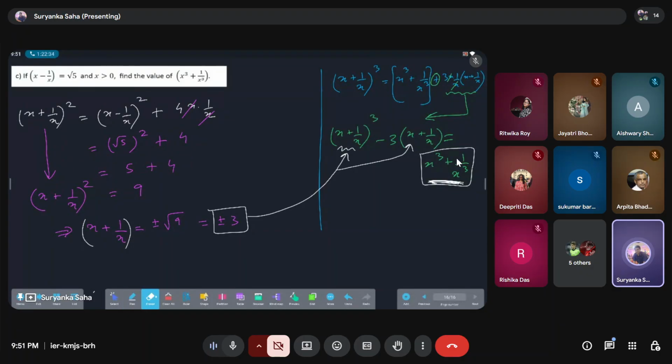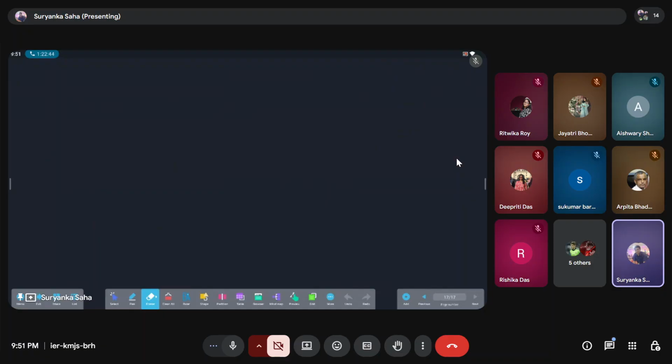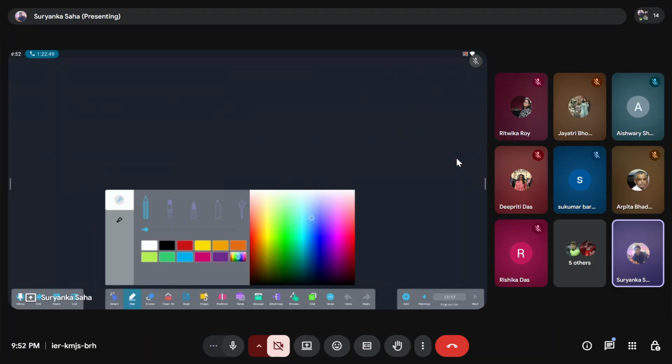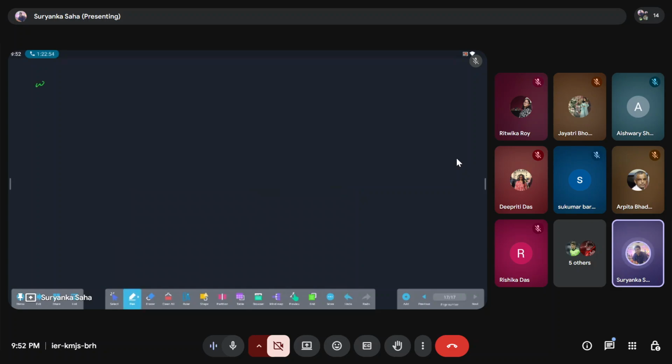Okay, so when I'm doing it in the next page, when x plus 1 by x equal to plus 3, so let me write. When x plus 1 by x equals plus 3, so x cube plus 1 by x cube will be equal to x plus 1 by x whole cube.